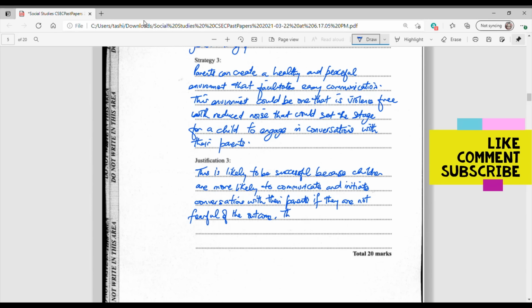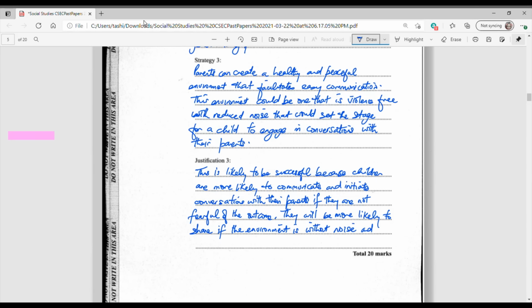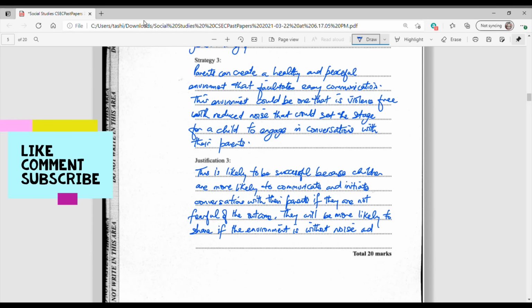They will be more likely to share if the environment is without noise and lack of distractions.